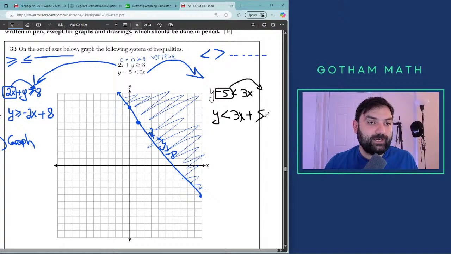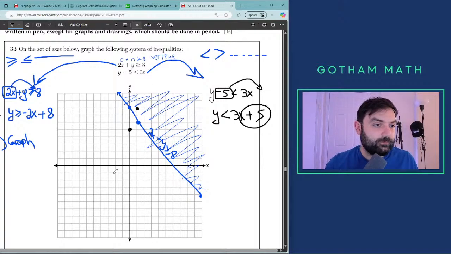I'm going to go to the 5. 1, 2, 3, 4, 5. Put a point there because of the y-intercept. And now I'm going to do 3. 3 is 3 over 1. Up 3, 1 to the right. And now I'm going to connect those 2 points.